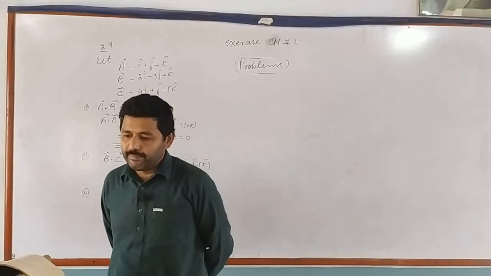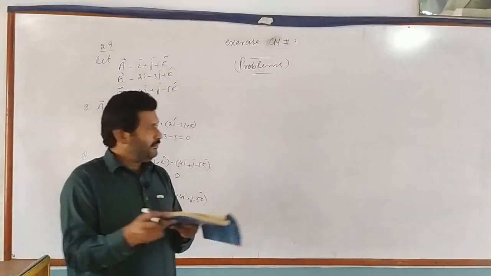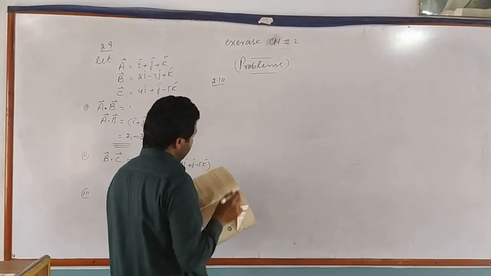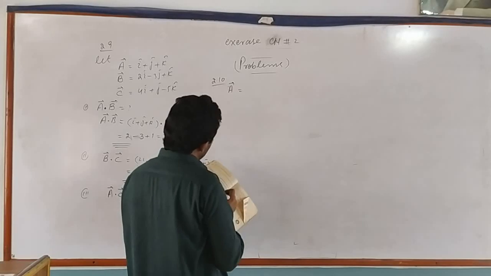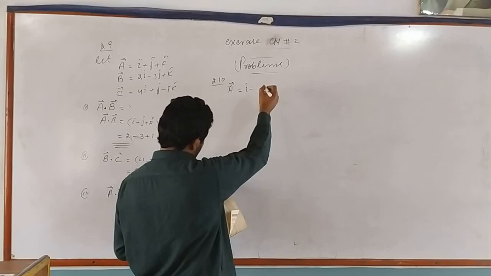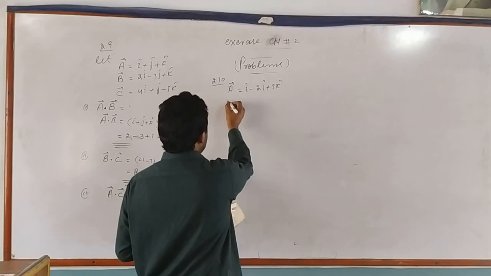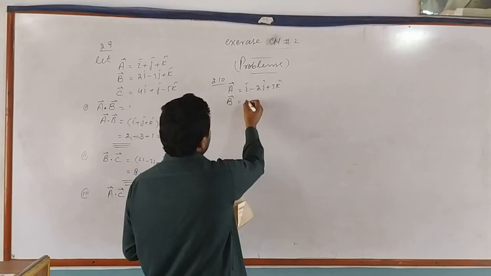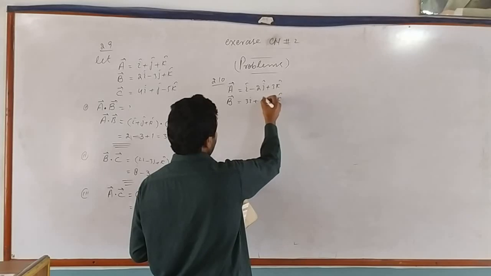Dear students, numerical question number 10. Given that, question number 2.10, vector A is equal to i unit vector minus 2j plus 3k unit vector, and vector B with values 3i plus 0 minus 4k unit vector.